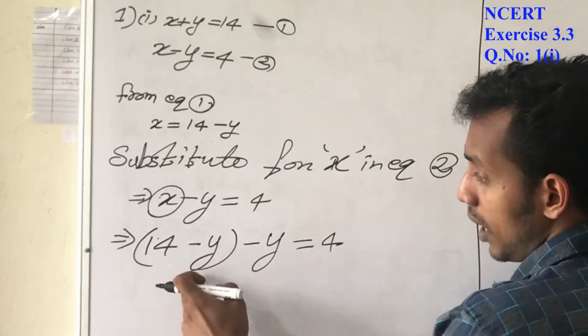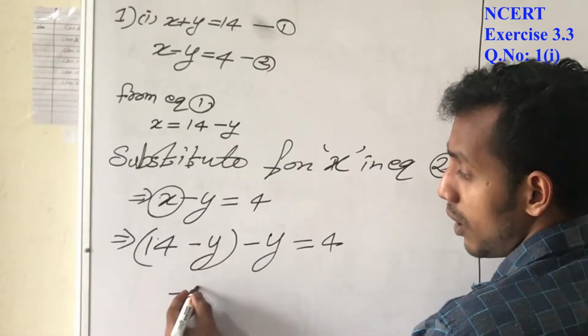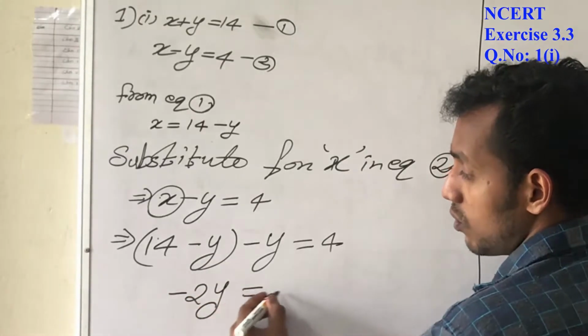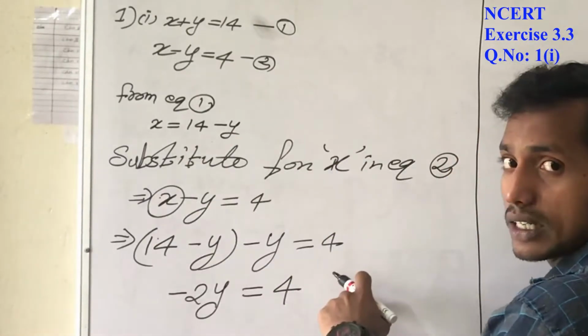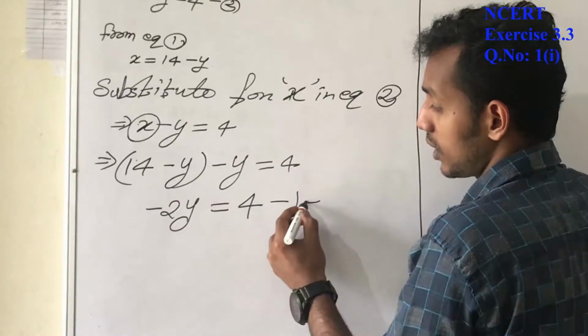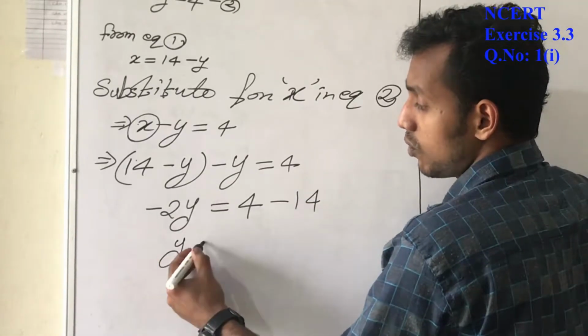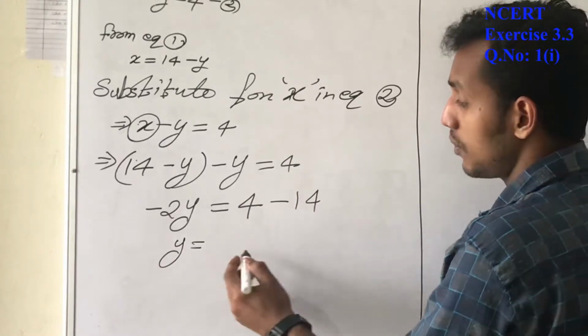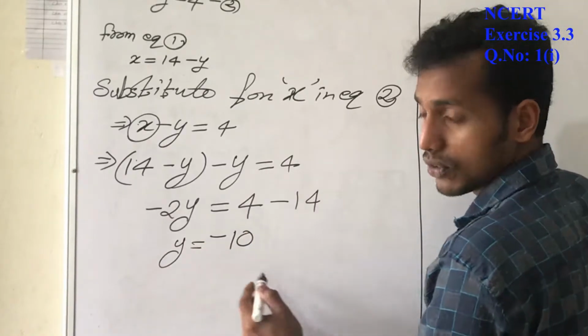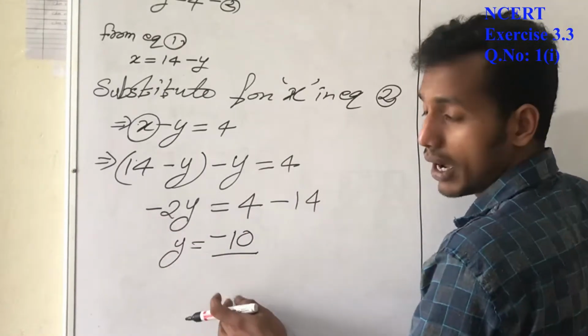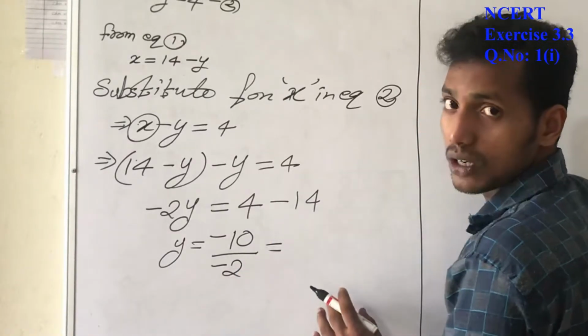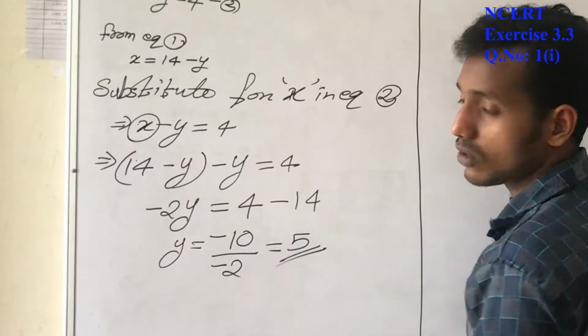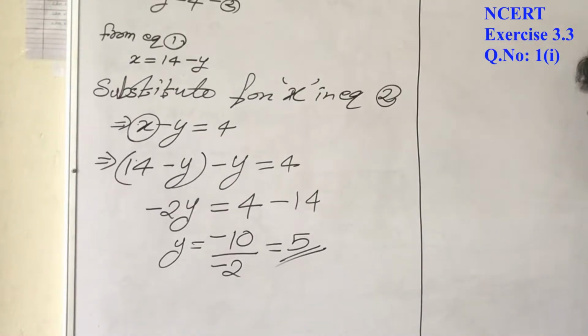That is, minus y minus y will be minus 2y is equal to 4. Plus 14 taken to the right side will be minus 14. Then y is equal to 4 minus 14, which is minus 10, divided by minus 2. That will be equal to 5. So y equal to 5.